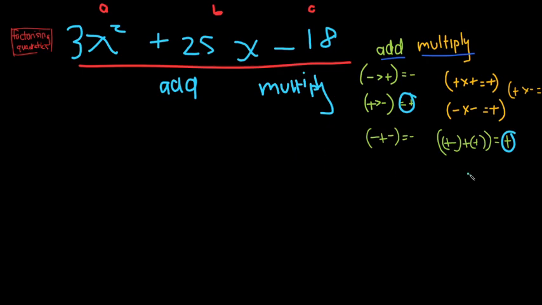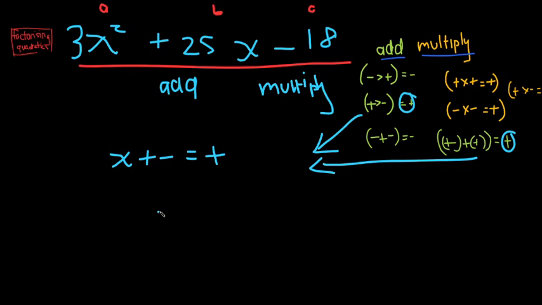And if you look at the two results, we have this one and we have this one. We have x plus a negative, where x is a bigger number than the negative number, is equal to a positive. And we have a positive plus a positive equals a positive.